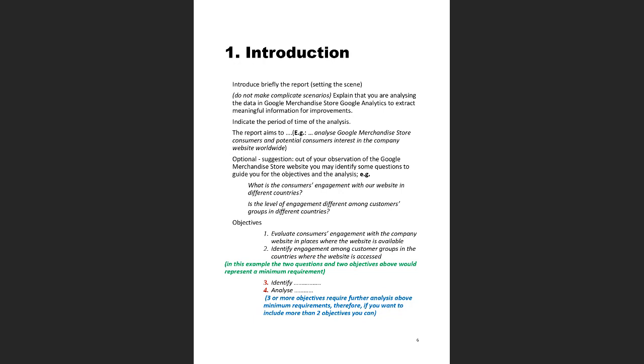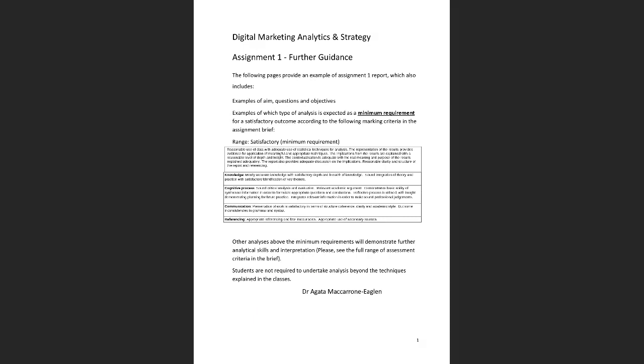The marking criteria are exactly in here, okay? These are the minimum requirement criteria, for a range satisfactory, minimum requirement. Okay, so go in the brief, have a look at the minimum requirement. Everything that you include above these will have a higher consideration.